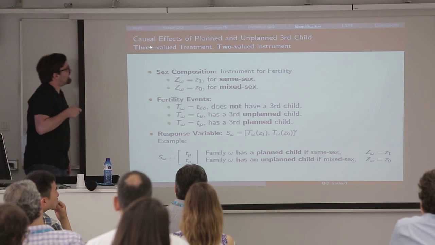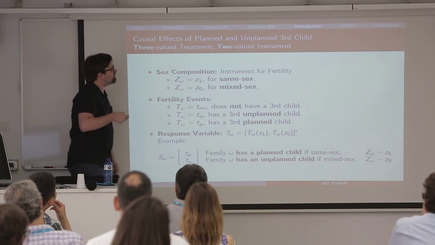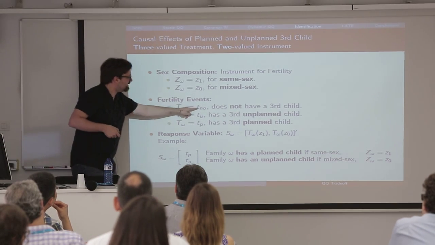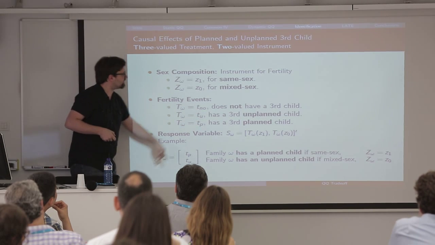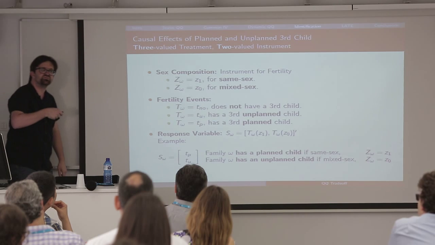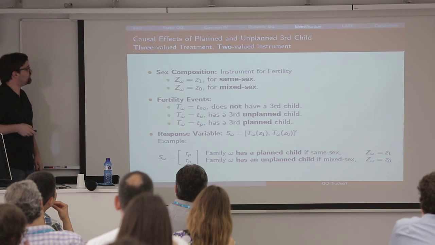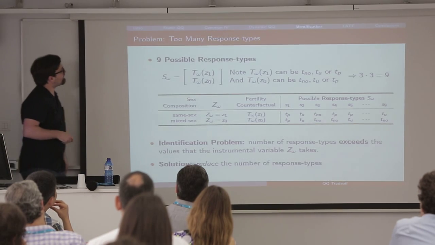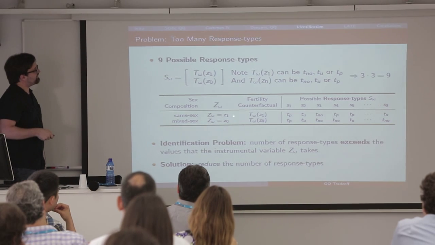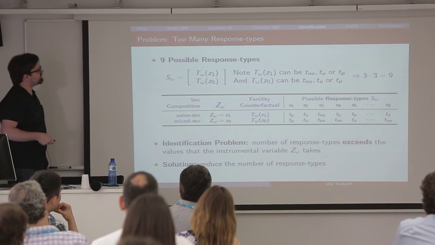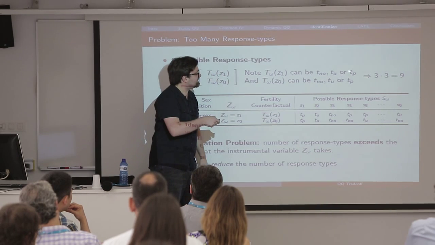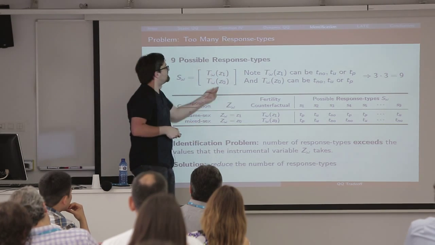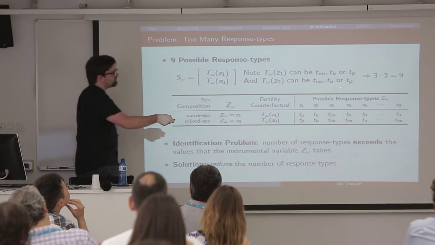So in our case, we have 3 possible treatments and 2 possible instruments, okay? Because we have either no child, unplanned child, or planned child, but we still have our old-fashioned same-sex instrument. So what can we do about that? Well, we're going to show that the problem is that you have too many response types, okay? Because when the instrument is Z1, you can have any of these 3 outcomes, and when the instrument is Z0, you can have any of these 3 treatments.